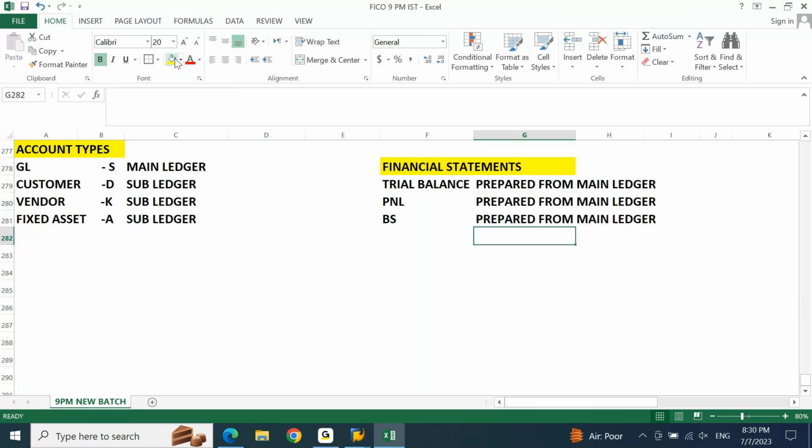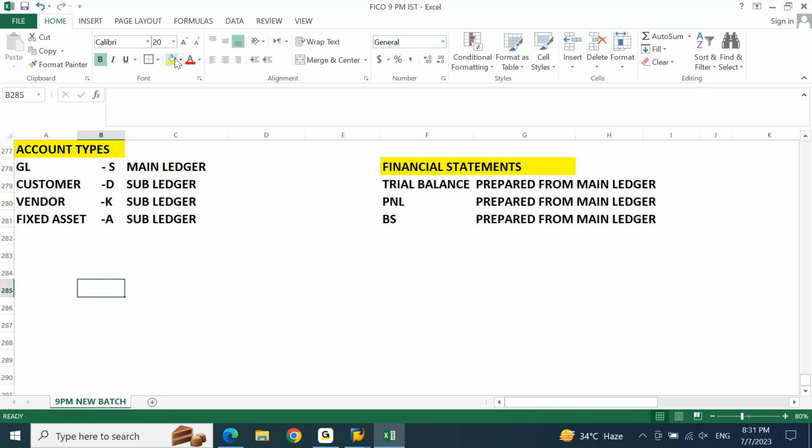Is this correct? Yes, sir. I am going to generate a trial balance, P&L and balance sheet from main ledger. Nowhere am I going to use my sub ledger during my financial reports. Is this correct or wrong? It's correct.